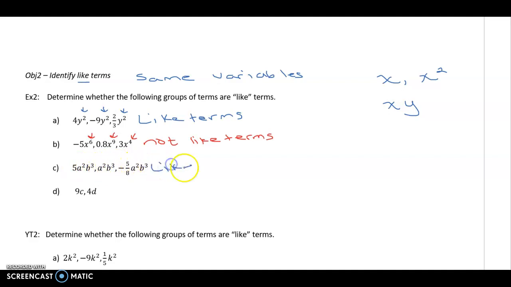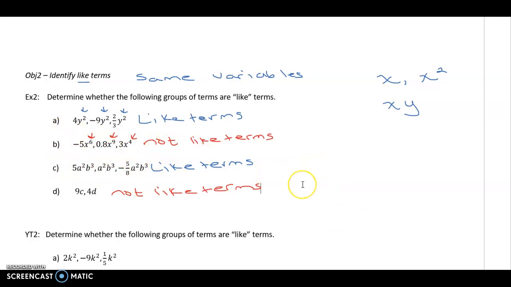So these are considered like terms. And then on the last one, we see 9c and 4d. C and D are not the same, so these are not like terms. We're not doing any of the math yet.